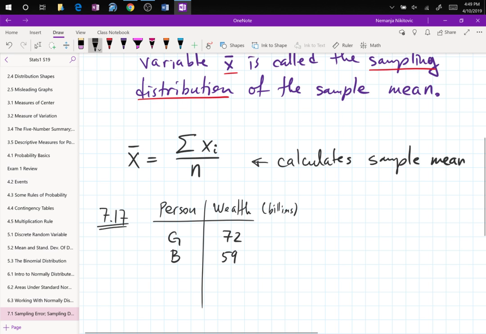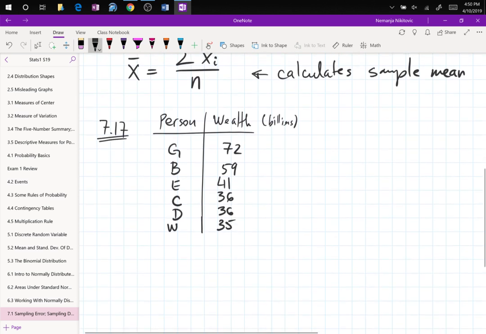Larry Ellison, E, with 41 billion. Charles Koch is the C, that's going to be 36, followed by another 36 for David Koch, so that's D. And then Christy Walton, W, is 35 billion. There we go. So this is the data.